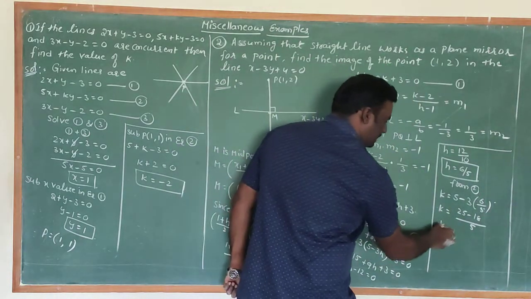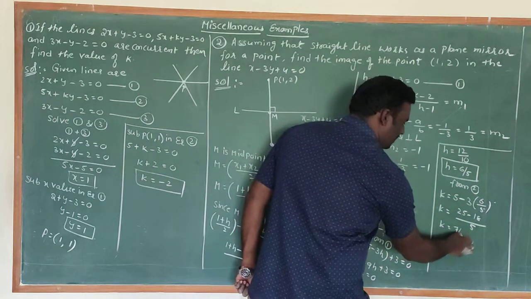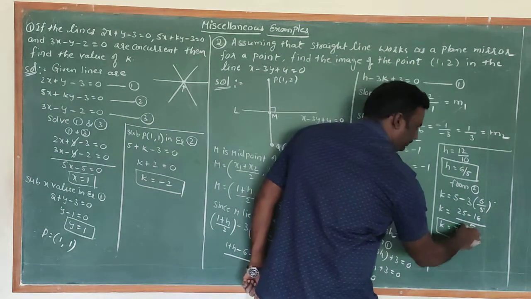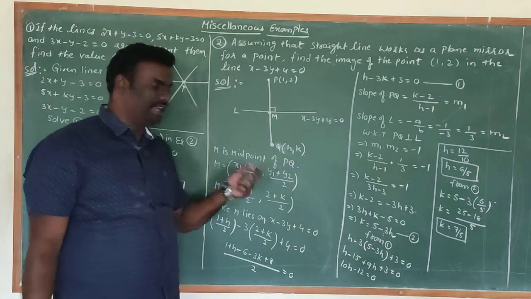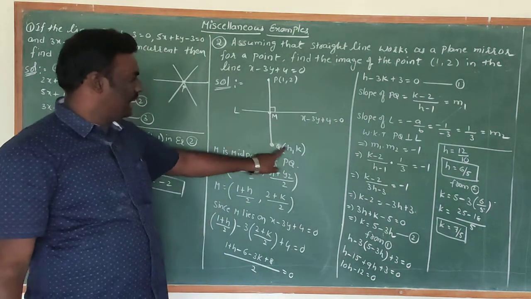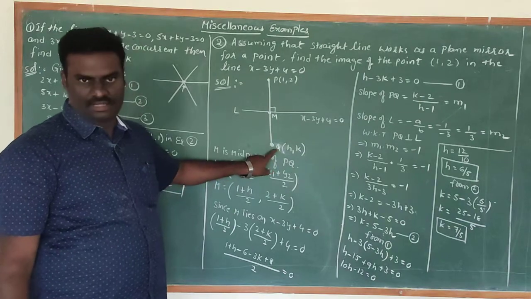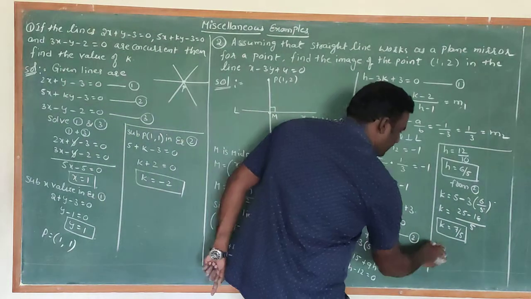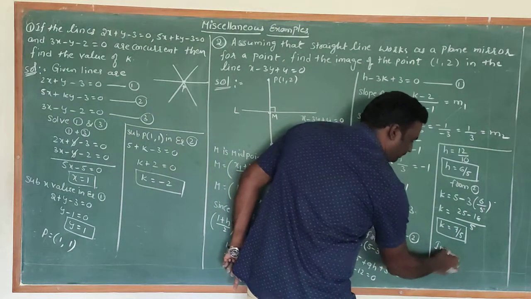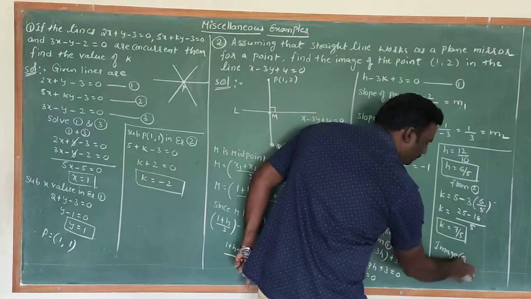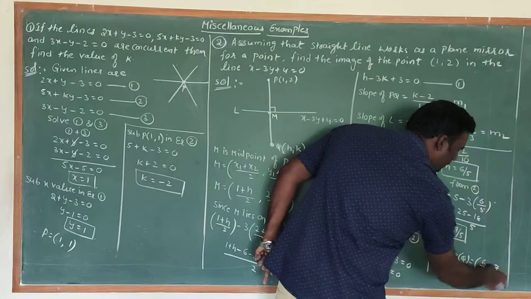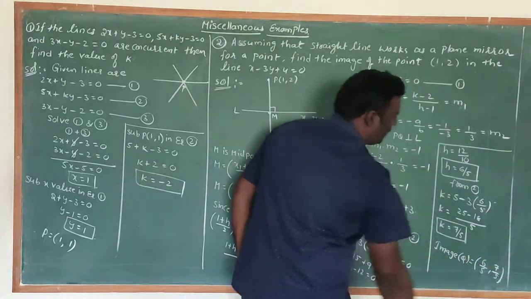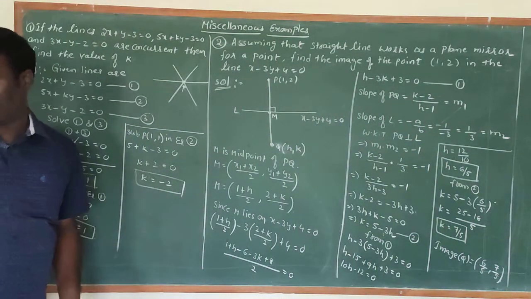Now k is 7 by 5. Finally, we got the h value and k value. h and k is nothing but the image. Therefore, the image Q is equal to 6 by 5 comma 7 by 5. That is the answer.